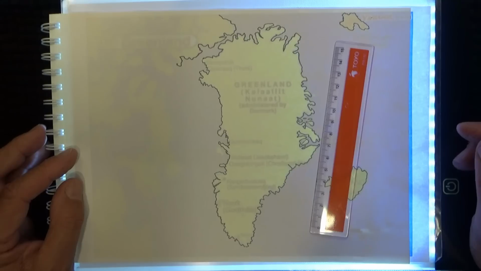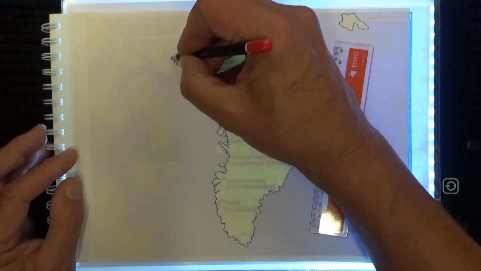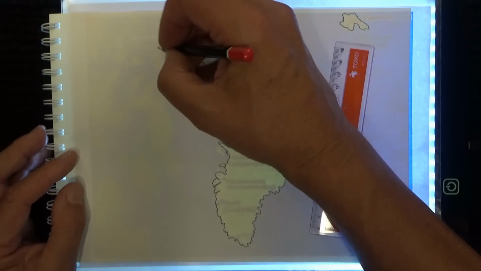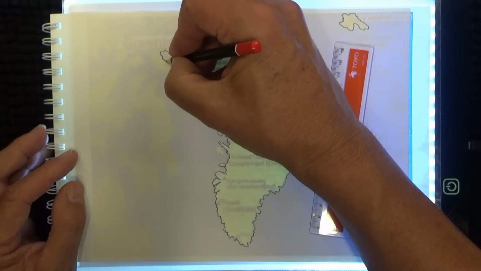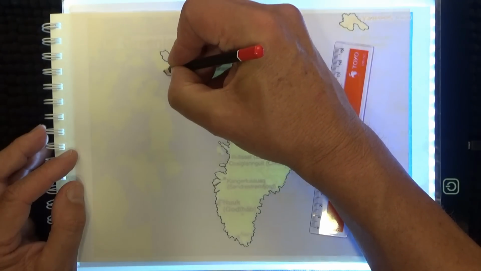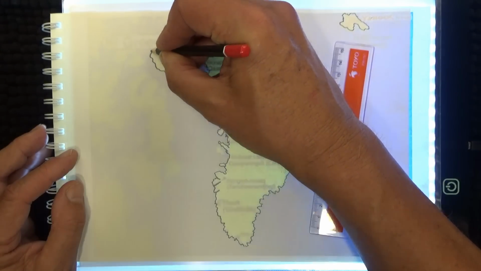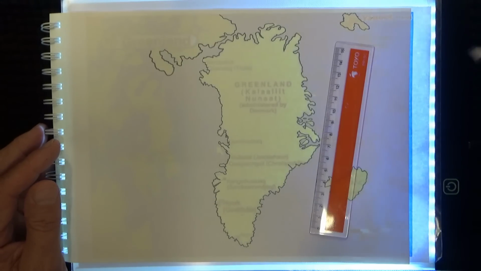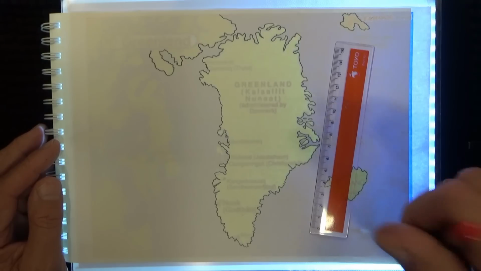Misnomer. Trying to think what the right word is. I was also thinking of those words like oxymoron and tautology. No, they don't suit it. But why they did actually call it Greenland was when the Norse people went there, which is the people from Norway, which is sort of down south a bit.